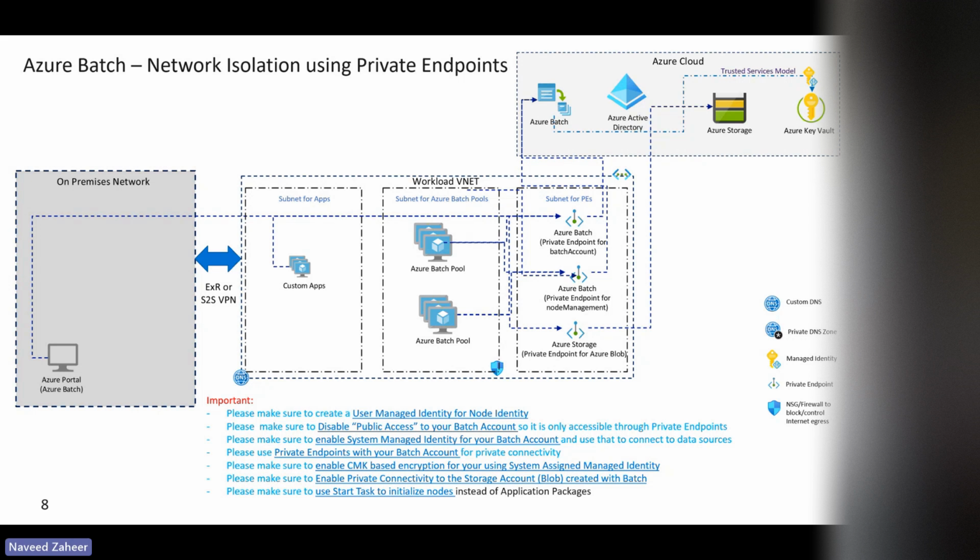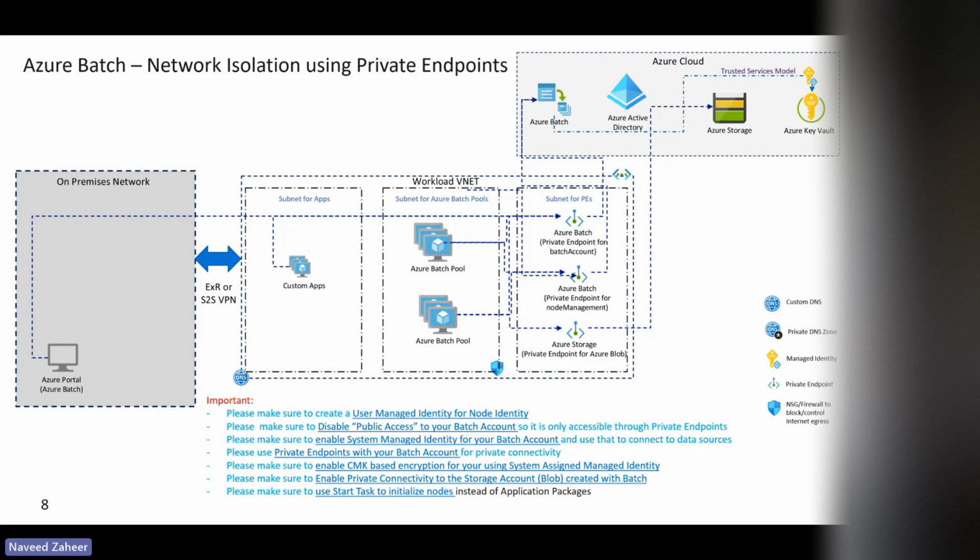And both of these pools don't have any public IP, they are now communicating through the node management with a simplified communication model. And this can only happen with the simplified communication model. It's not possible with the classic one.